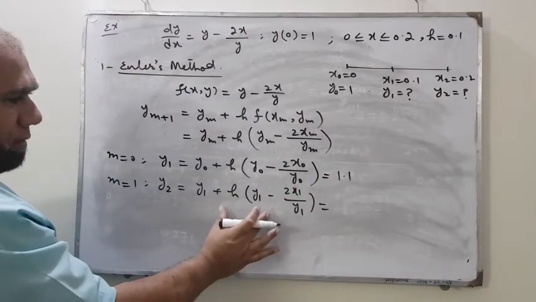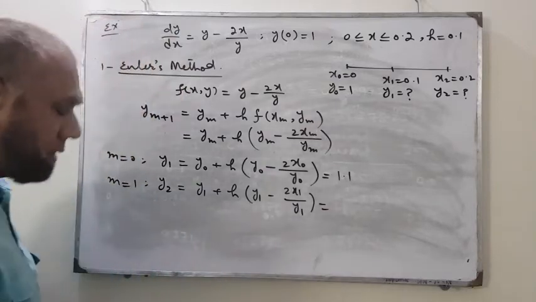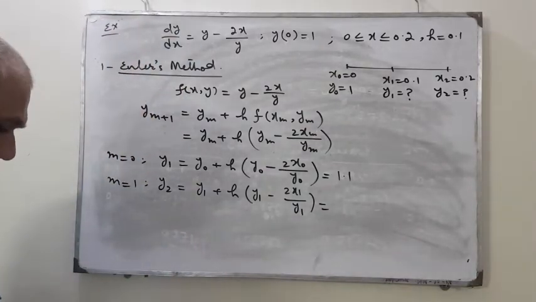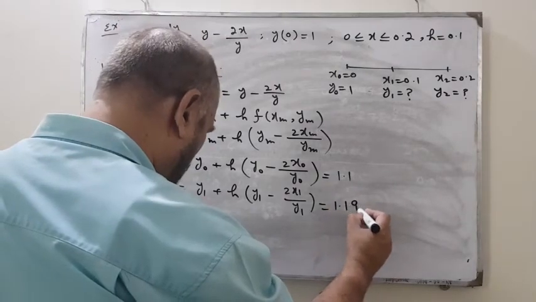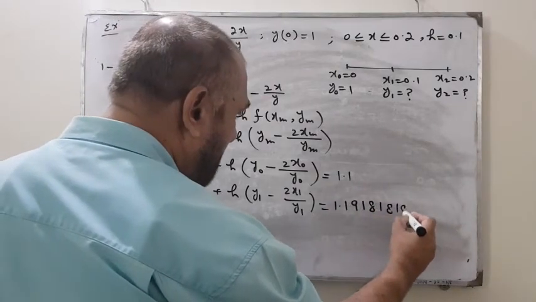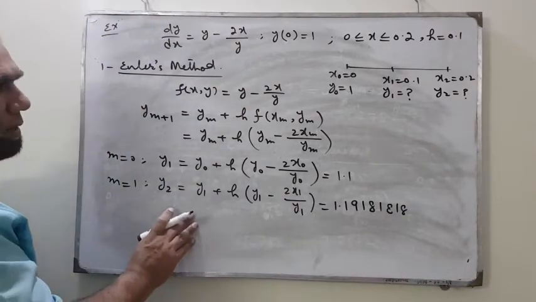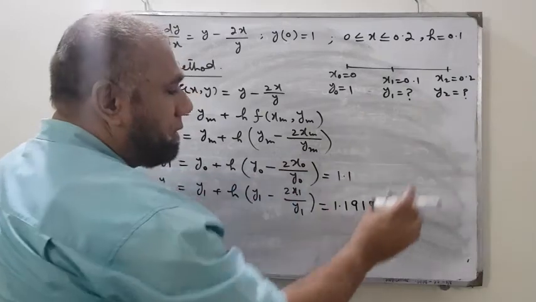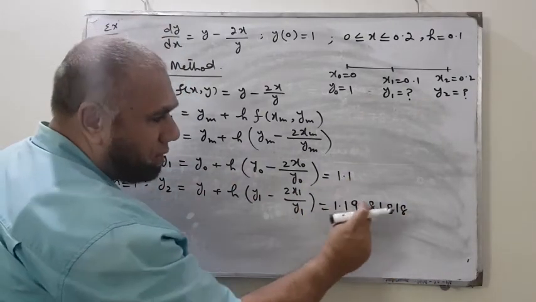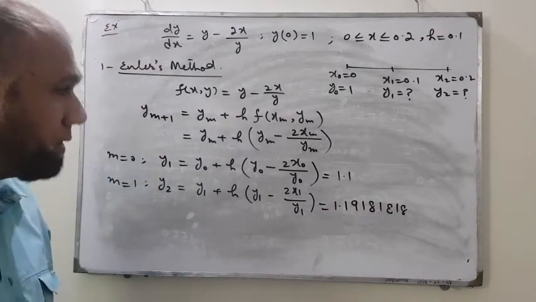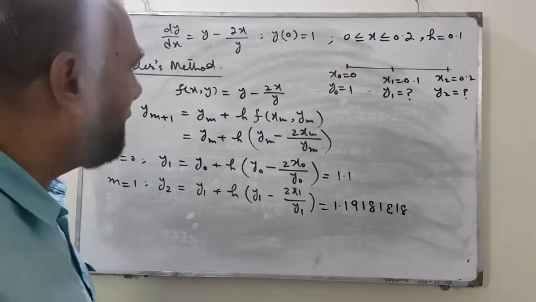Putting those values back into this and simplifying, with h also given, the ultimate result is 1.19181818 and so on. So this is the second output. These are the two requirements, and we succeeded in finding these two outputs. You have to note down these two results, because at the end we shall be summarizing the whole result in the form of a table, and there we will be putting these values back.